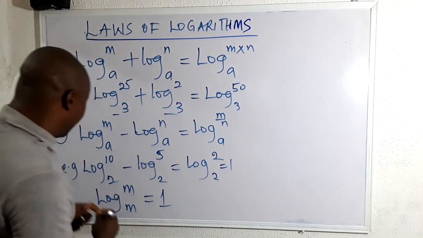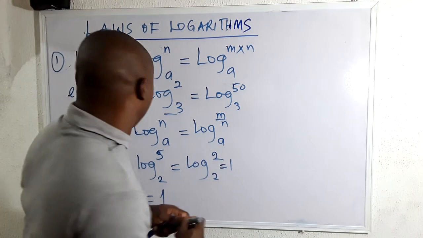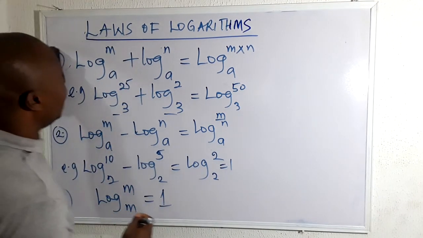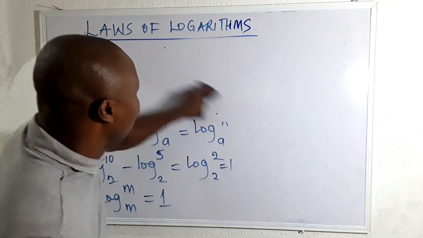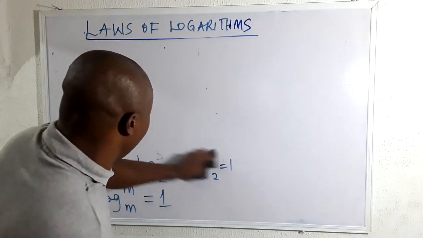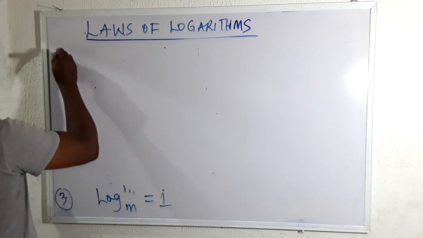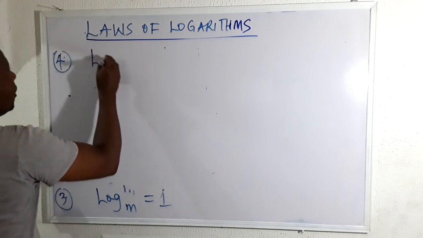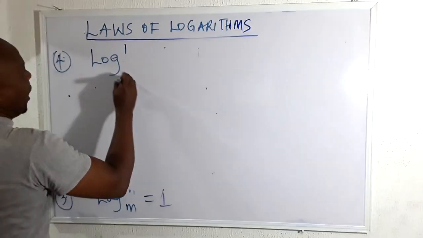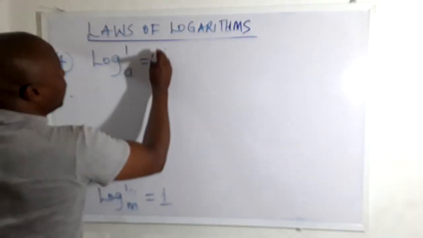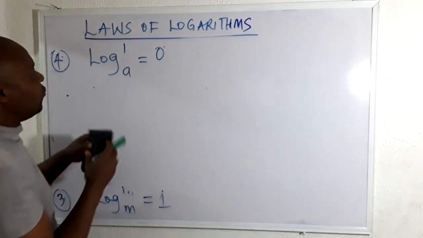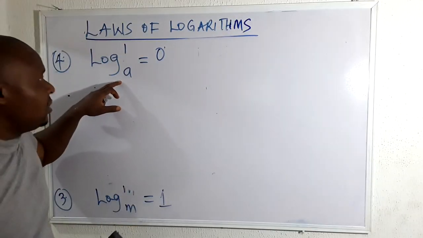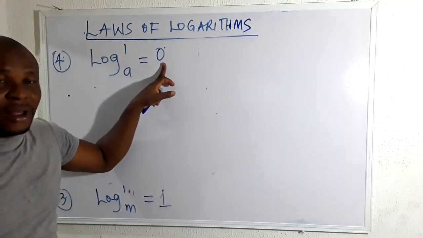Alright? So now, let us look at the fourth law. The fourth law can be written as this. The fourth law is log 1 to base a is equal to 0. Now, the log of 1 to any base is 0.